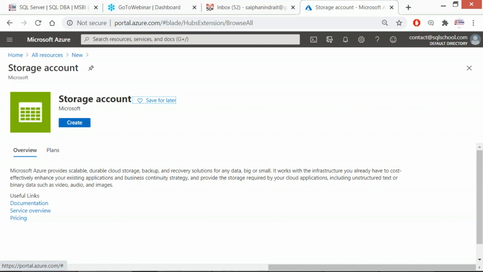It is basically used to store any type of data, videos, audios, images, any type of structured or unstructured data, anything can be stored in this account, storage account.